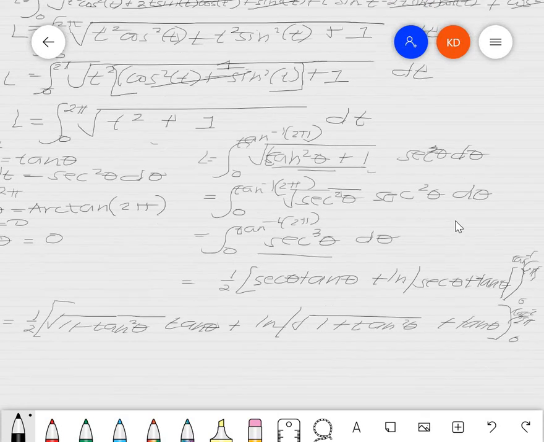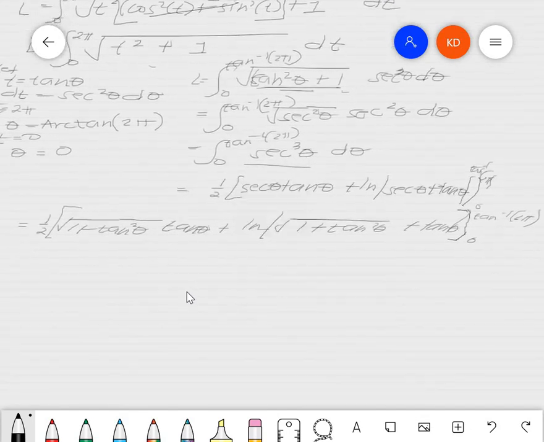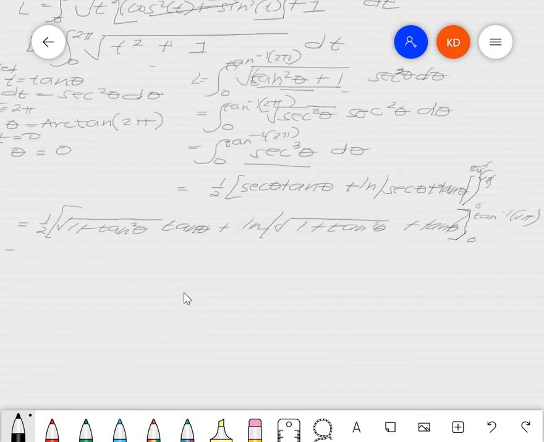I'll just try to write it much clearer. This is arctan of 2 pi. So let's try to substitute these values first in this term. We have 1/2, and this is equal to the square root of 1 plus, this is just 2 pi.